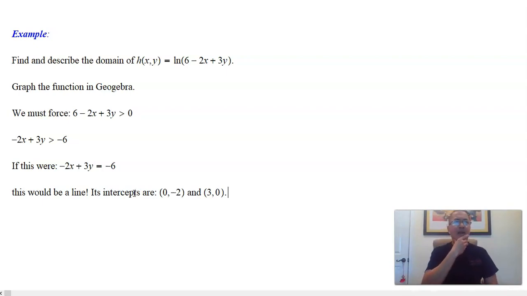However, that does not tell us which points x, y will make this greater than minus 6. If you remember back in algebra, you do a test point. Because this line doesn't pass through the origin, we can test the origin.